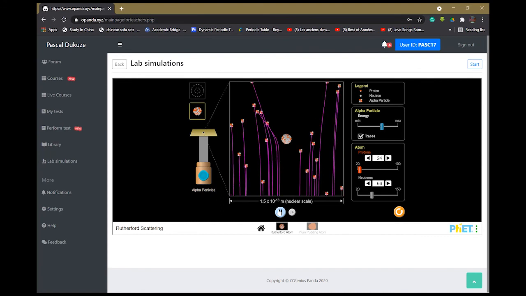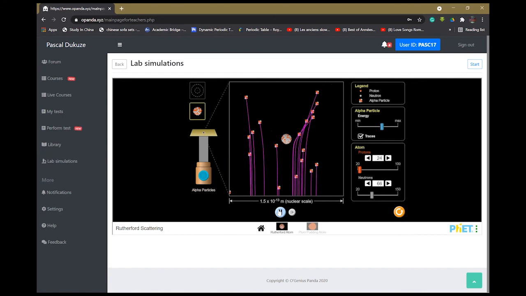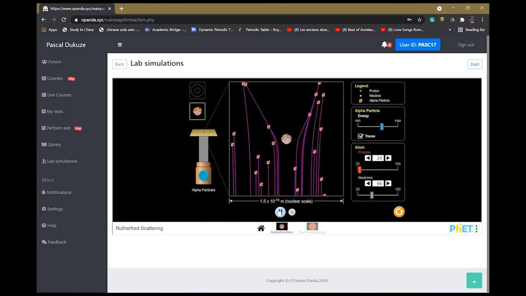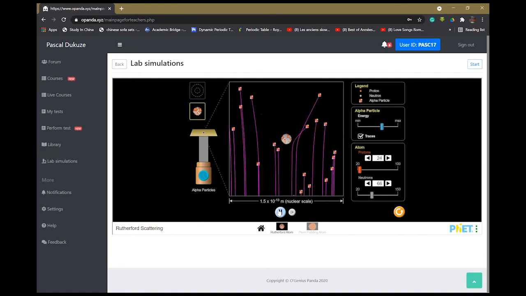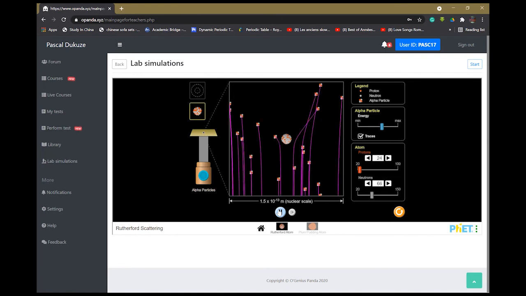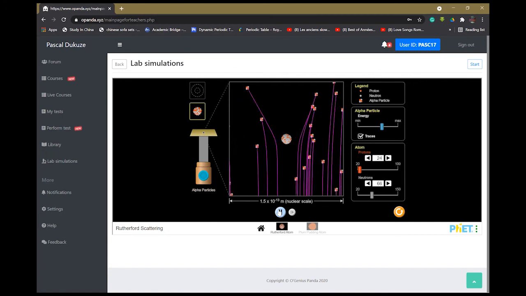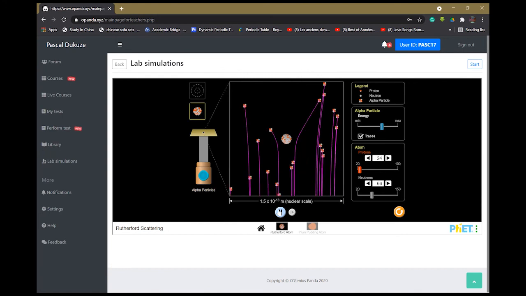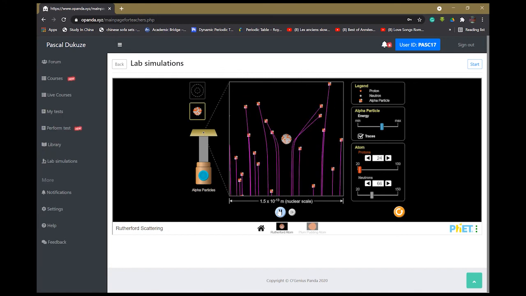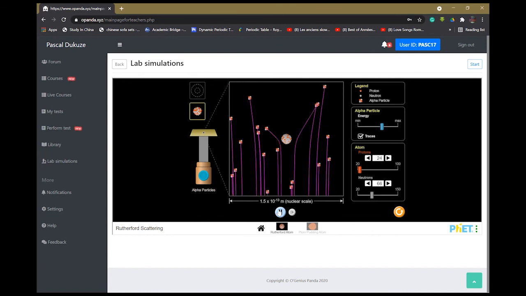And because of the magnitude of this deflection, Rutherford deduced that almost all of the mass of a given atom is concentrated in that center. And then he called that center the nucleus of the atom, which contains almost all of the mass of the atom and which is positively charged.